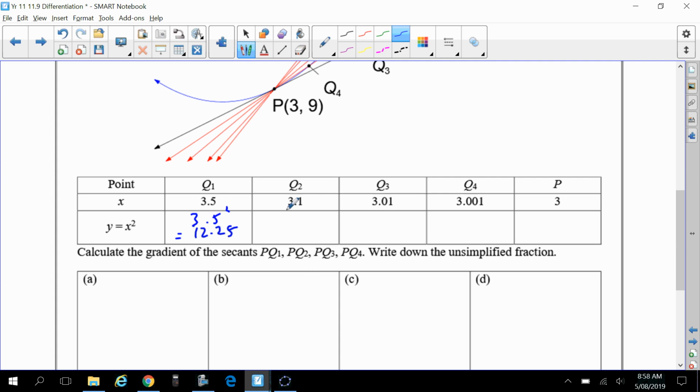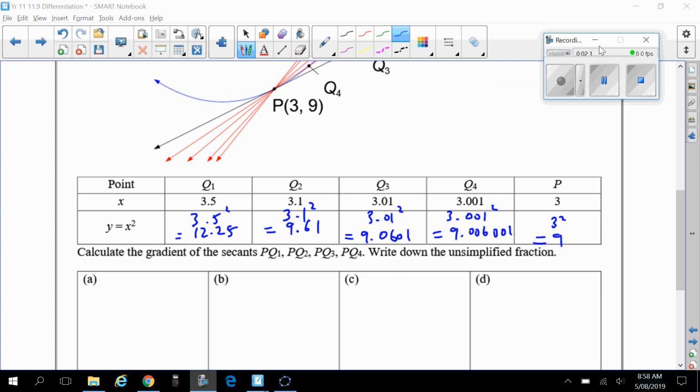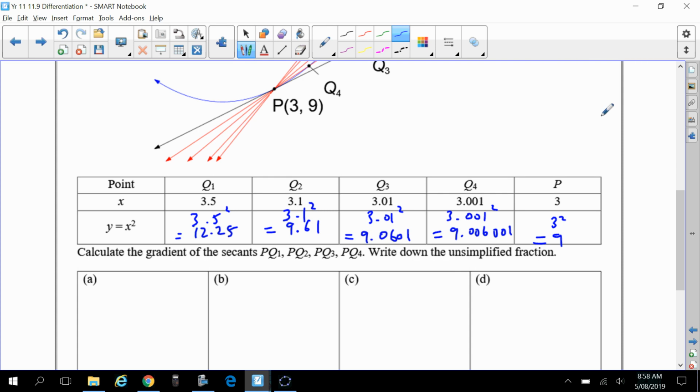We're going to find the y value for each of the points: 9.0601, 3.101 squared, and finally 9. I encourage you to do it on a calculator. I've already done it on mine, so I'll just write it down very quickly. I'll give you about a minute or so.